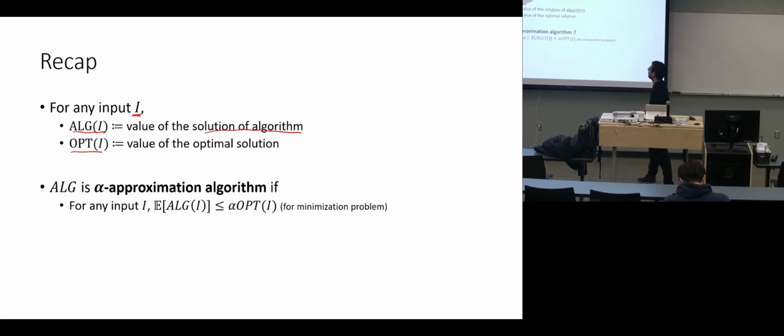Then we say that the algorithm is an alpha approximation algorithm if for any input, the value of the output from the algorithm, or its expectation, is not worse than the optimal one by more than an alpha factor. So that's the meaning of approximation algorithm. Okay.